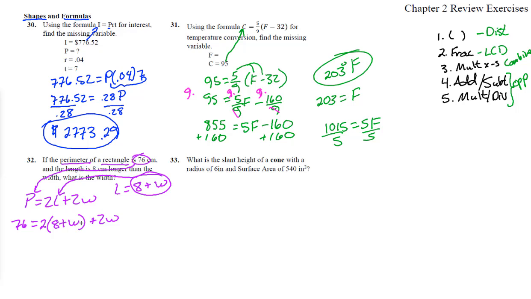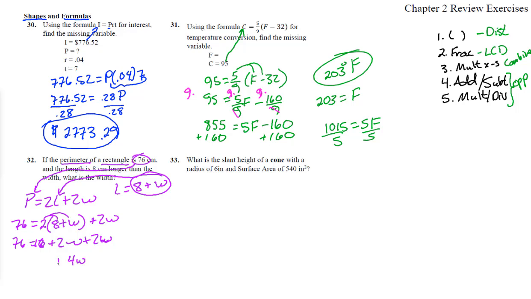Oh, look at what we have. We have an equation. Do we have any parentheses? Yes. Distribute that in. We get 76 equals 16 plus 2W plus the 2W out here. Alrighty. Do we have fractions? No. Do we have multiple W's? Yep. Combine them together over here.